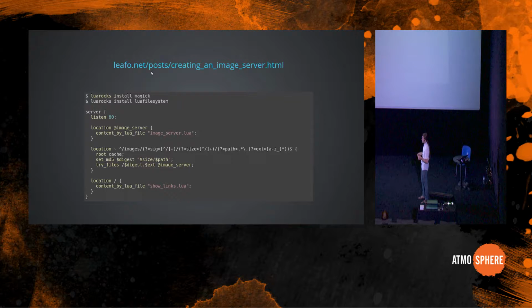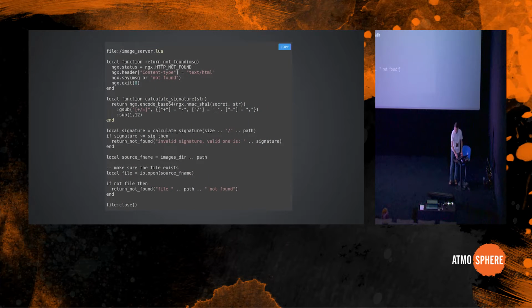This is just a Lua file that does the resizing actually, and I use just two libraries, which is Magic, and this just calls the Magic library underneath from the system, and Lua file system, so that we can store files and do things with that.